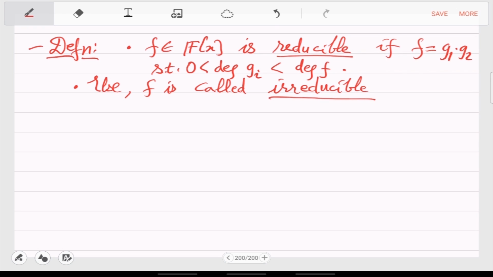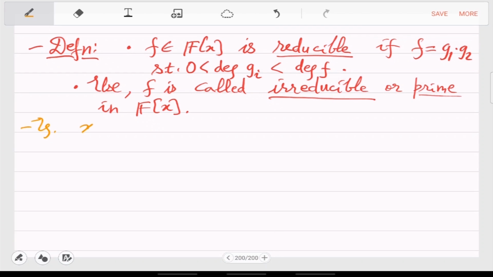Okay, so this is the definition of primes. It's called irreducible or prime in the polynomial ring. Is this clear?